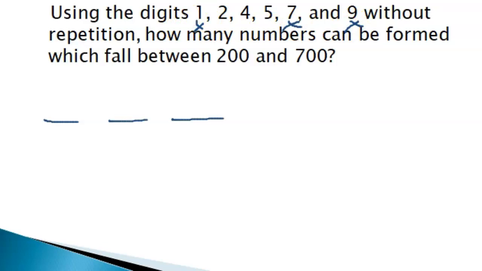So for the number to be above 200 and below 700, it has to start with either 2, 4, or 5 from the options we are given here. So notice we have 3 options there.